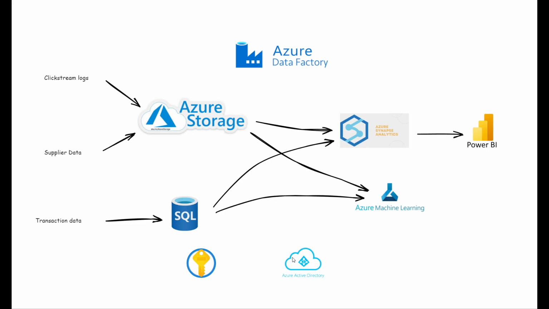You shouldn't expose your customer data to everyone, so role-based access control needs to be implemented. You can use Azure Active Directory or Entra ID for imposing role-based access control so that only authorized people have access to your data.